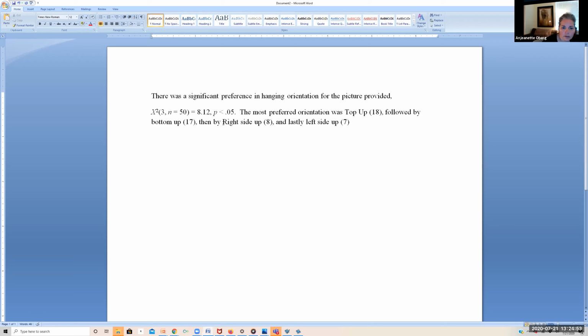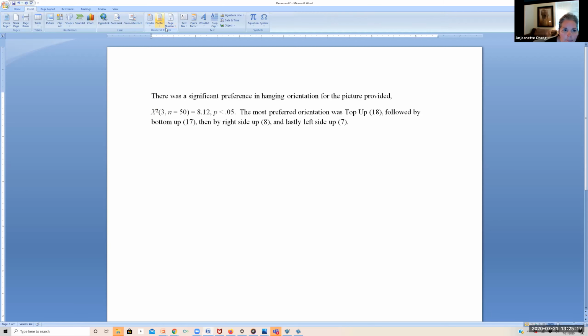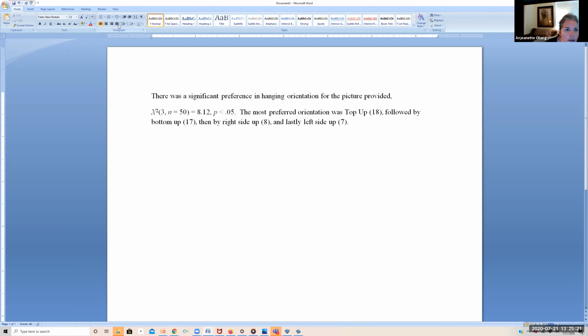Okay. So here is our template, right? Statement of significance, then our statistical evidence, and our statement of interpretation telling us the overall pattern with our descriptive stats and our frequencies. Okay, so that is your sample and what it should look like.